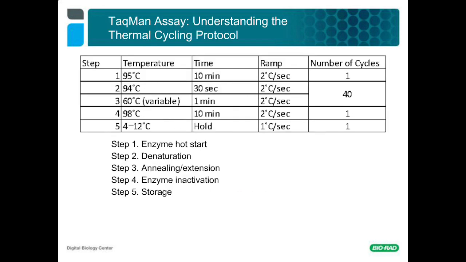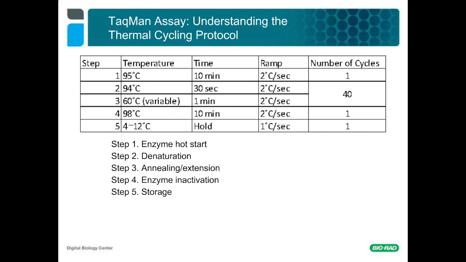Now that you have tested your assay using the basic recommendations, it may be that you will want to or need to make adjustments to your thermocycling conditions. In order to do that with the best results, it is necessary to understand each step of the reaction and what it does. Step 1 is the enzyme hot start. Step 2 is the denaturing step where the two strands separate and secondary structure is unfolded.